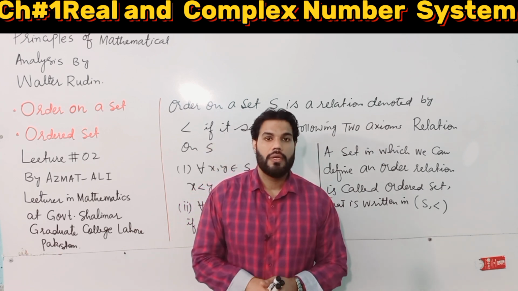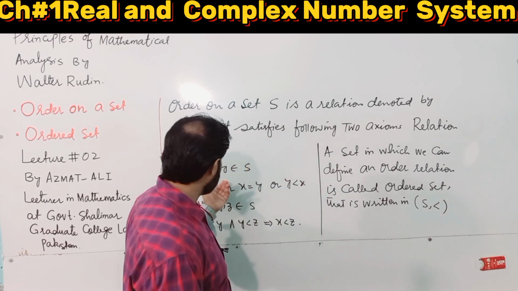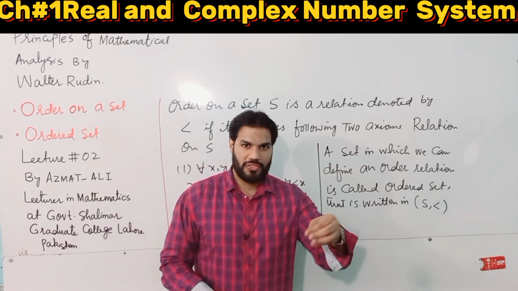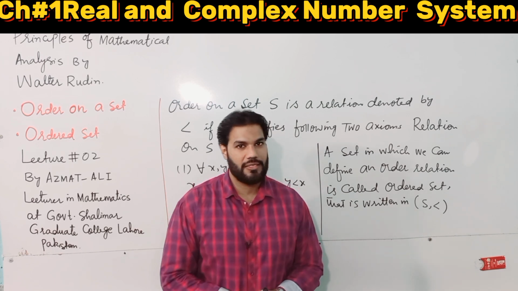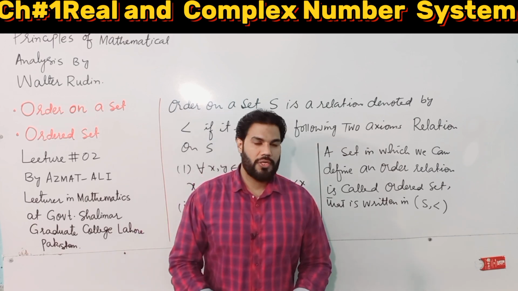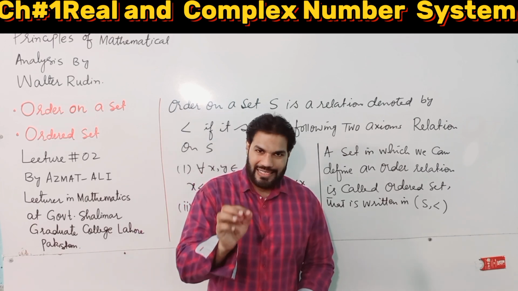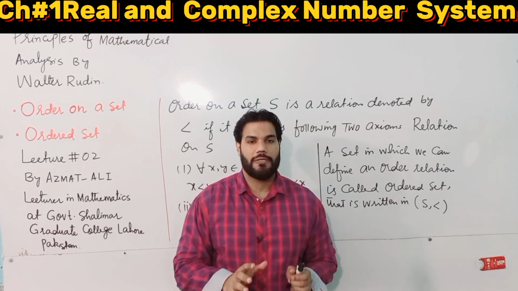But it is not necessary that the less than sign always shows its usual meaning. There are many examples in which the less than sign does not show its usual meaning. Actually, the less than sign in this book just represents a relation sign.